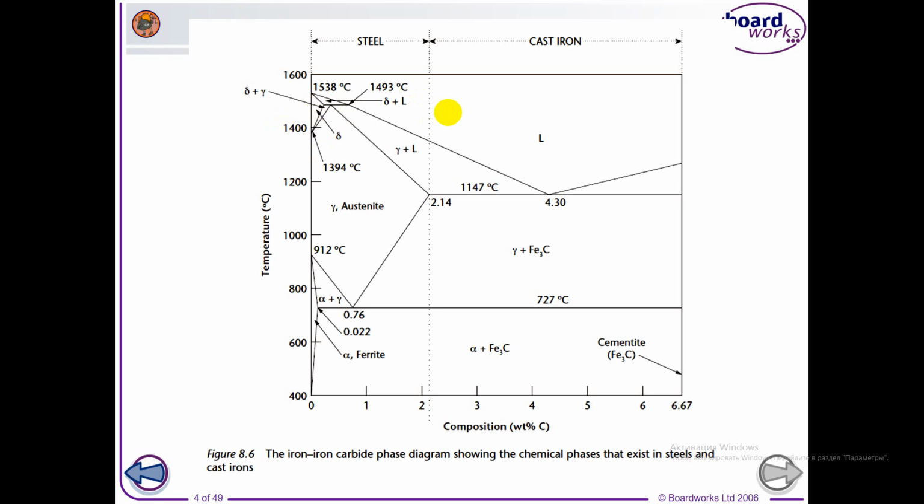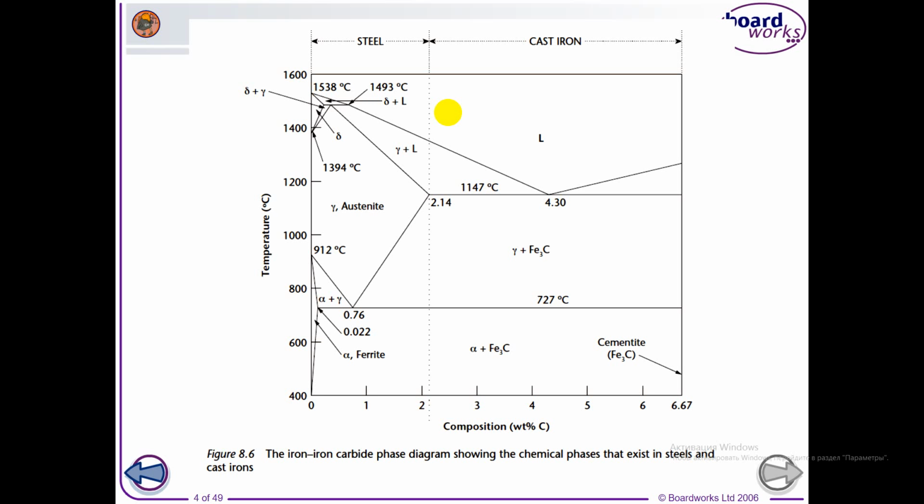If we now increase the carbon content to 2% above 727 degrees, the metal transforms from ferrite to gamma plus Fe3C. Then, as the temperature is raised, there is a transformation to gamma, then to liquid plus gamma.